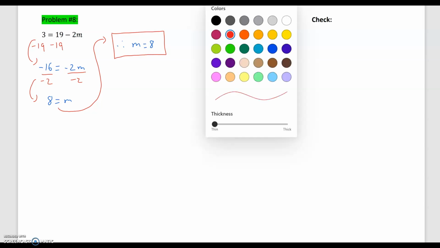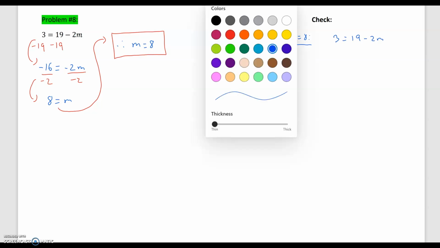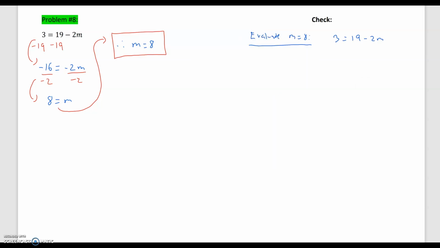The check, we're just going to evaluate m is equal to 8 into the original equation. This will be 3 is equal to 19 minus 2m. And remember that we're just plugging it in.